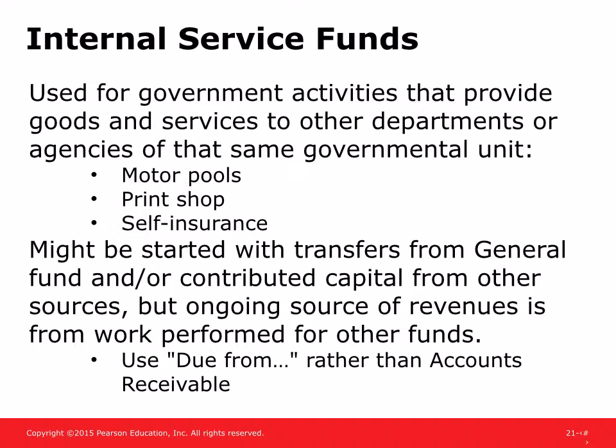So again, these are internal funds that do services for other parts of the government, but they function more like a business due to the nature of what they're doing, basically charging the other various parts of the entity for specific work done, just like a business would normally do.